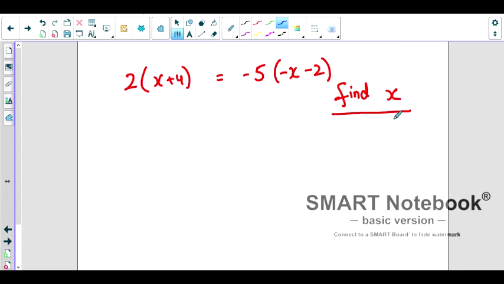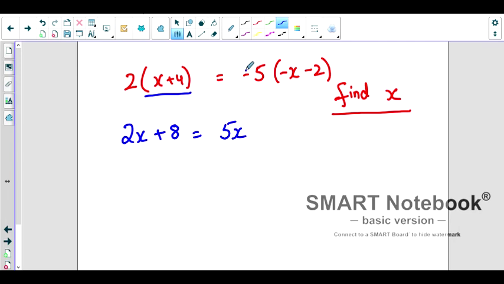So finish the brackets first, make it simple, solve the brackets, so multiply. This 2 is outside, it is for all, so it will be 2x, 2 into x is 2x, plus 2 4s are 8. Here we have discussed the rules before. Negative times negative becomes positive 5x.